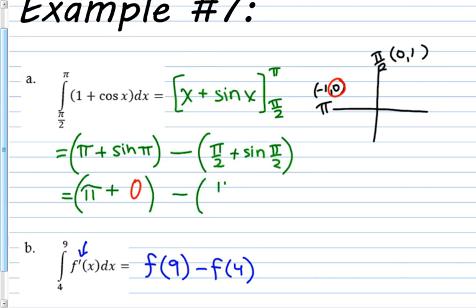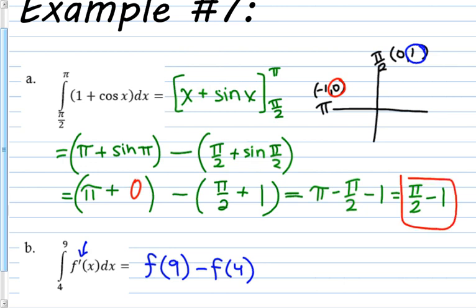And then I have pi over 2 plus, and sine of pi over 2 is 1. And there's my answer, basically. I have pi minus pi over 2 minus 1. So I have a whole minus half, so that's just half of a pi left, minus 1. And there's my answer, right there.